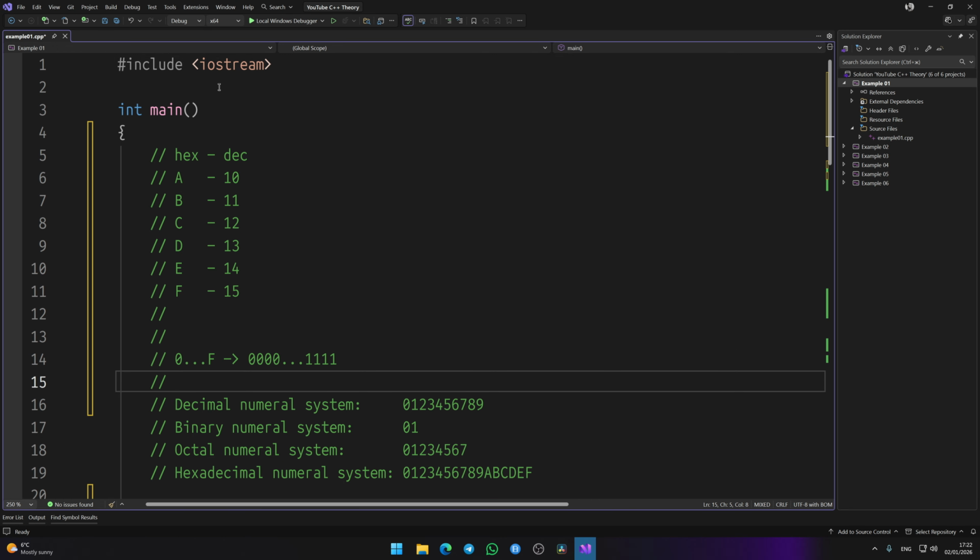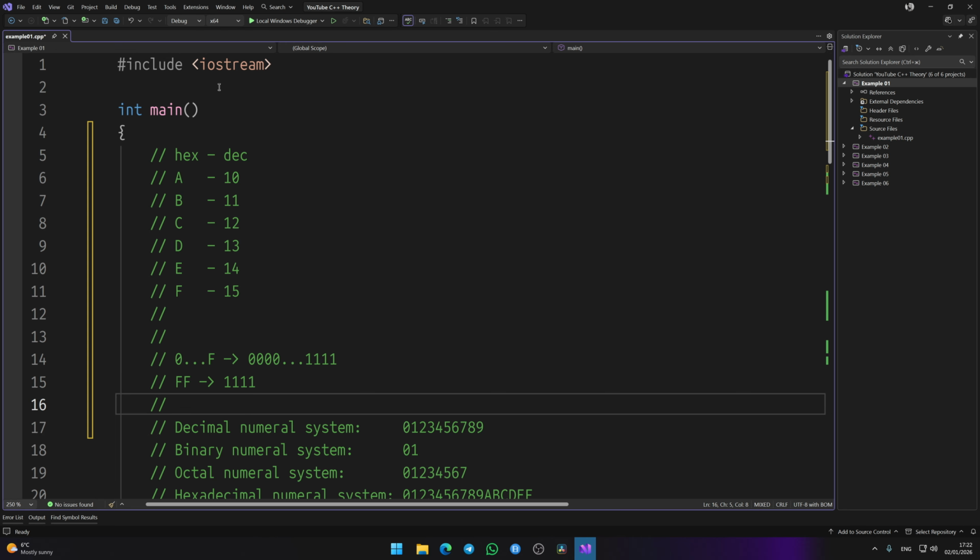Just like other positional systems, hex also has ones, tens, hundreds, and so on. In decimal, each position goes from 0 to 9. In octal, from 0 to 7. In binary, from 0 to 1. And in hexadecimal, from 0 to F. So hex digits 0 to 9 match the same values as in decimal, but then we move on to letters.